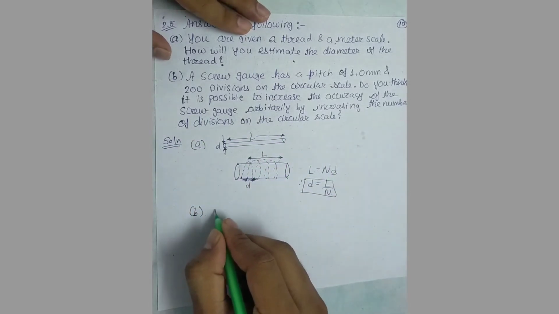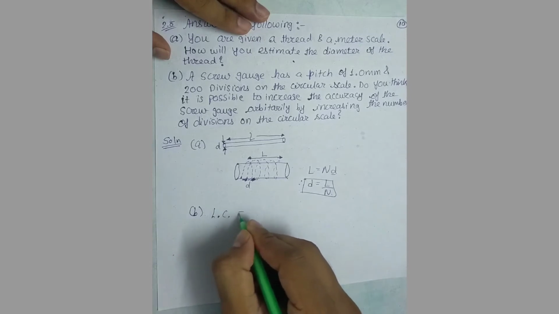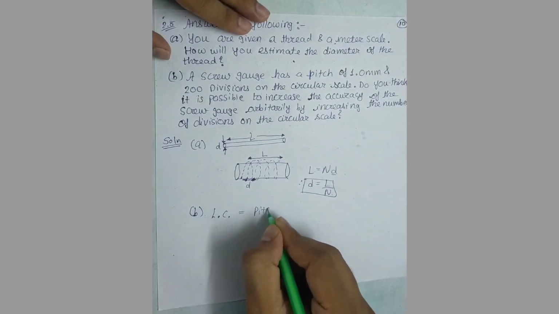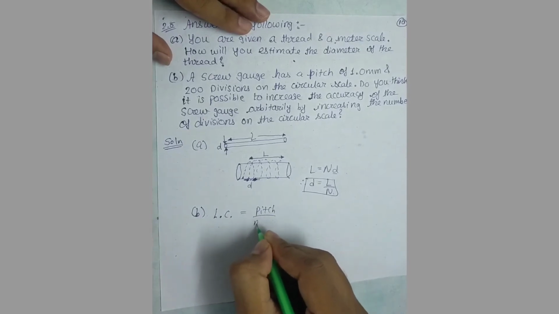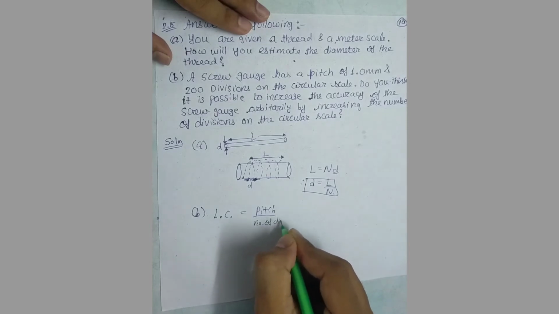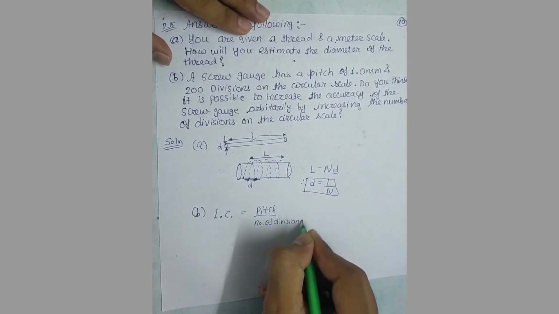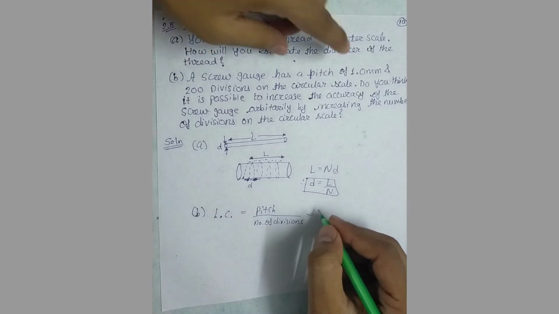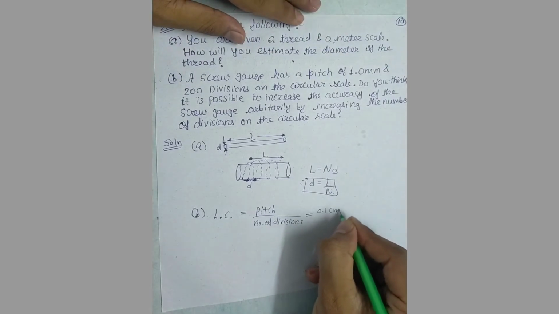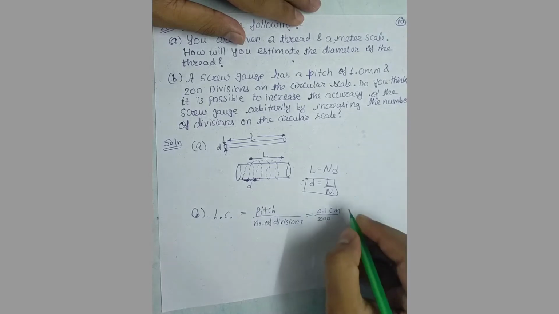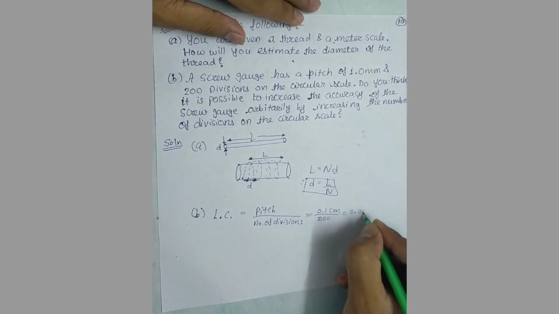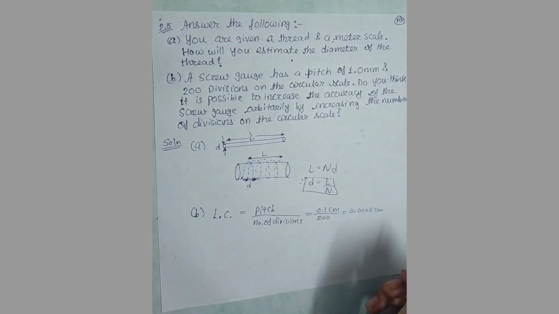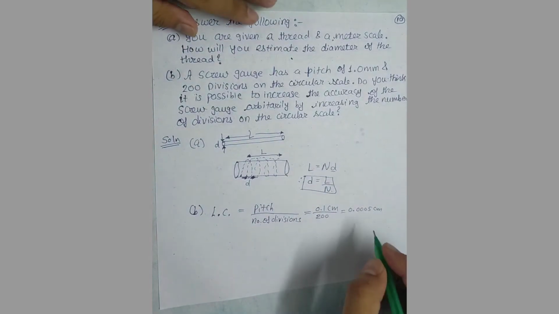Here, the least count of any instrument is given by pitch divided by the number of divisions on the circular scale. Here the pitch is 1 mm, that is 0.1 centimeter, divided by 200, which is equivalent to 0.0005 centimeter. Clear? So this is such a small value.